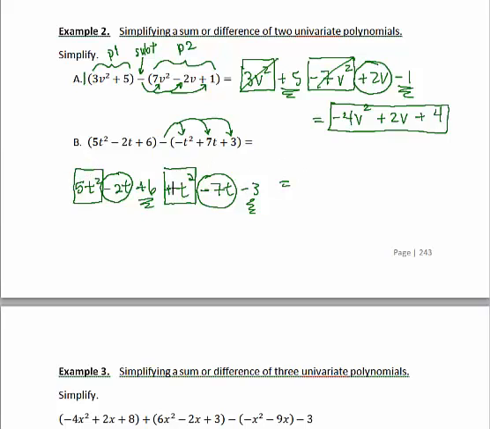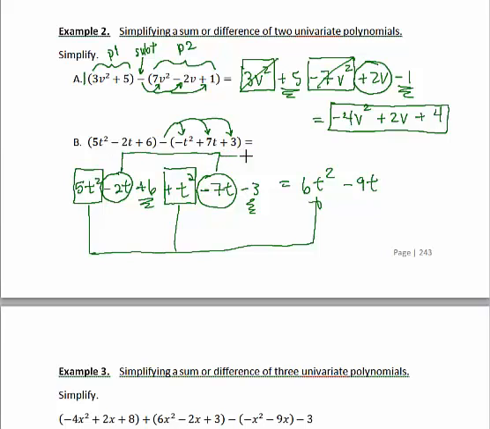So 5 plus 1 is 6t squared. A negative 2 and a negative 7 give us a negative 9. And then 6 minus 3 gives us a plus 3. And that's all there is to it.